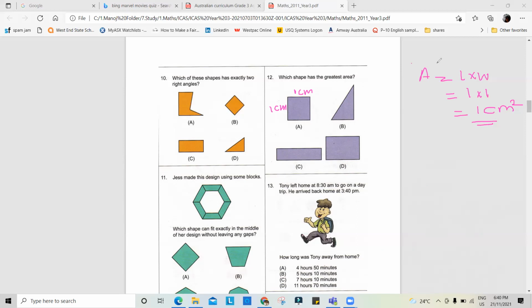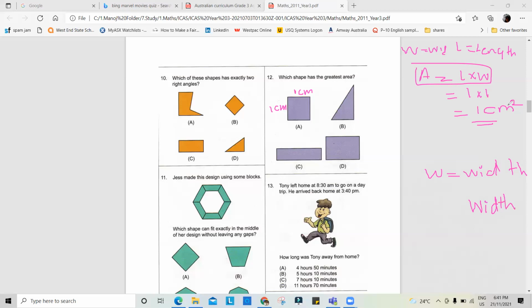The only thing you should understand is area is length multiplied by width. In your book you can write L equals length, W is width, right? W I D T H. Width.